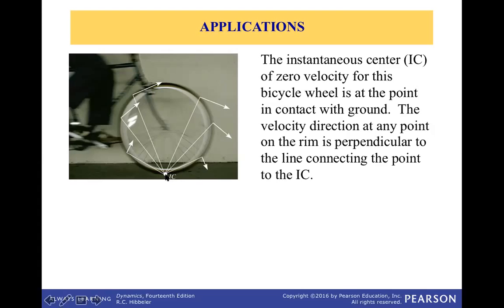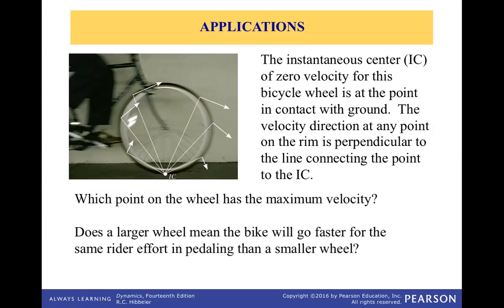In that case, if you look at the wheel as a whole body, then any point other than that point of contact is rotating with respect to this point. That's what happens when you have an object that is in rotational motion.